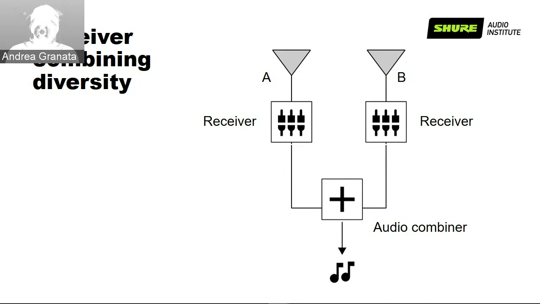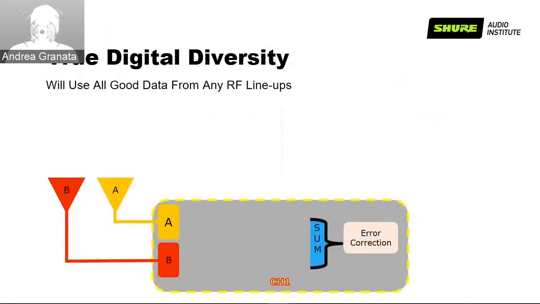This process was happening in the analog domain. In the digital domain, we have something called true digital diversity. Substantially, it's the same process, the same blocks, just working with a digital signal. To explain true digital diversity, which is the type of diversity used in Axient Digital, we need a couple of extra pieces of information.